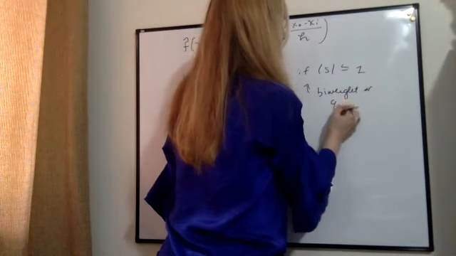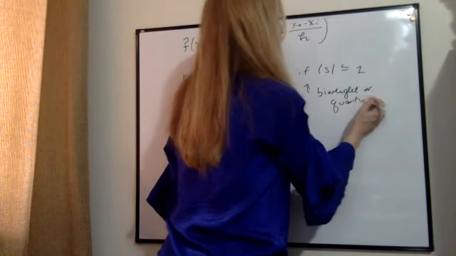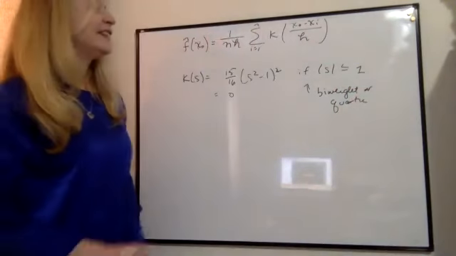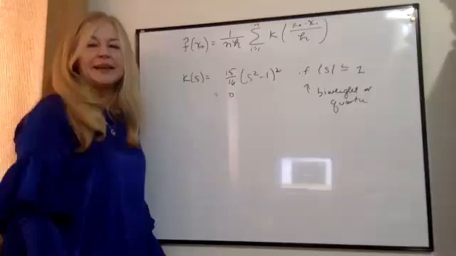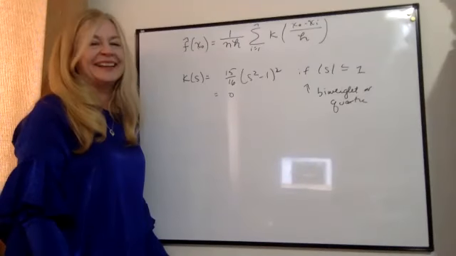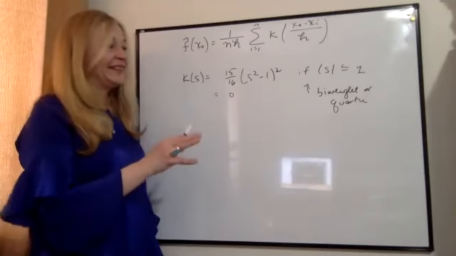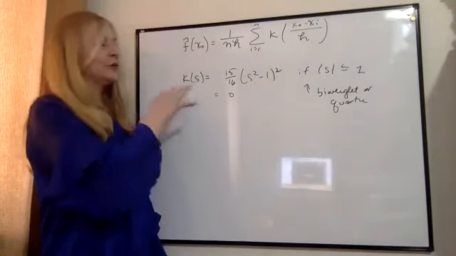Some people call it the quartic kernel. I'm not sure. Part of the challenge in this literature is that there are so many different names for the same thing, so you have to be a little flexible.